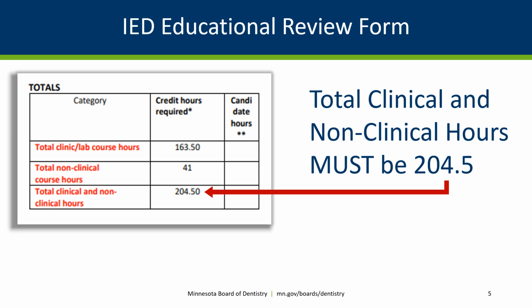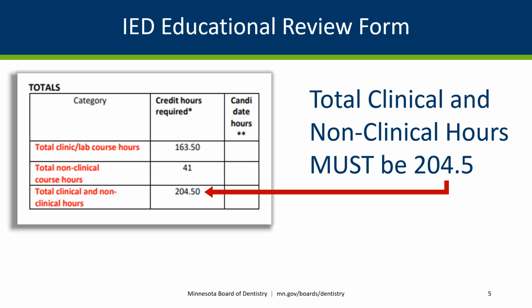The report will cover the credit hours required and the candidate's actual hours in areas of clinical lab courses, non-clinical courses, and pre-dental core course hours. It will also include your dental school's location, your graduation date, your GPA, and any U.S. CODA postgraduate studies, compulsory rotations, and any pass or grace points.